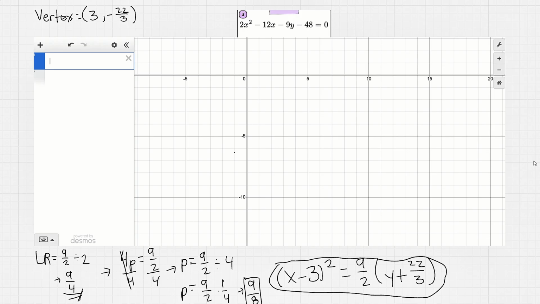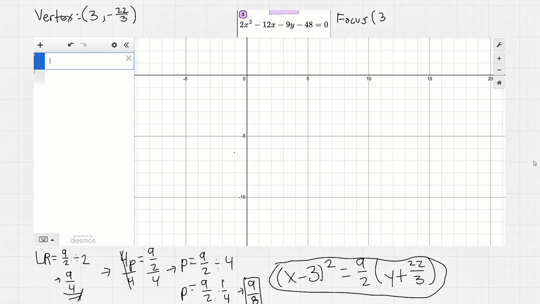Now, after getting our focal length, we can get our focus. But how are we going to find our focus? So in the standard equation, our parabola opens upward. So our focus will have a y change.